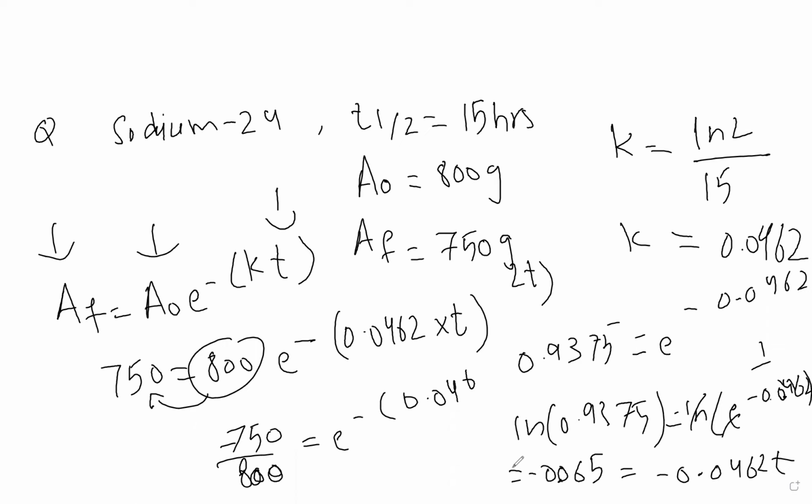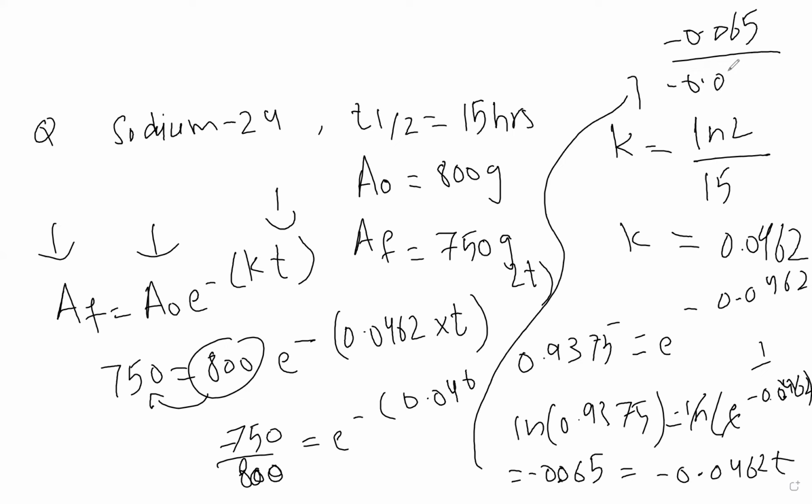So we're going to end up with negative 0.065 divided by negative 0.0462 equals t.